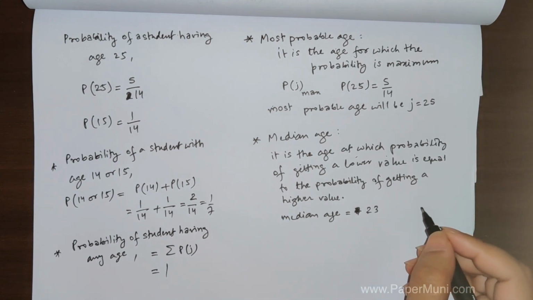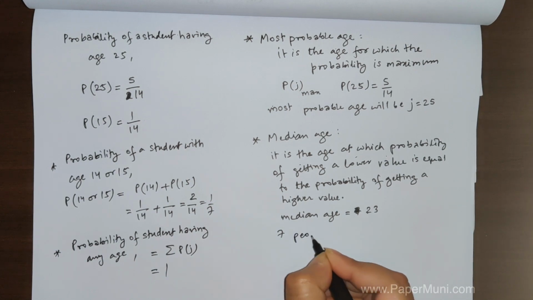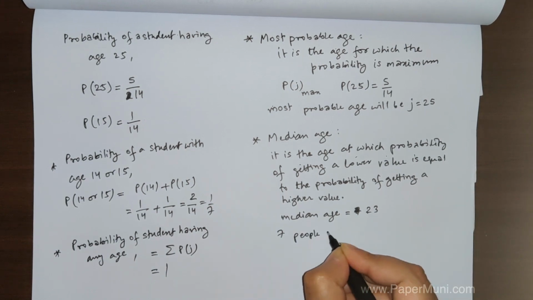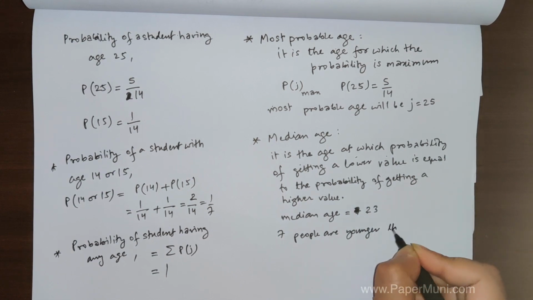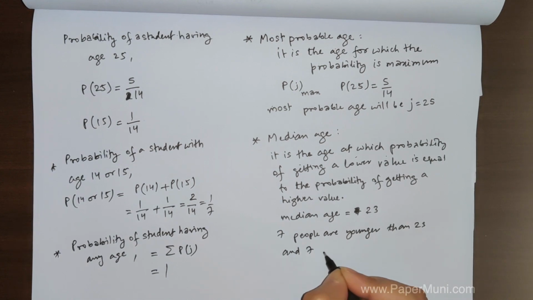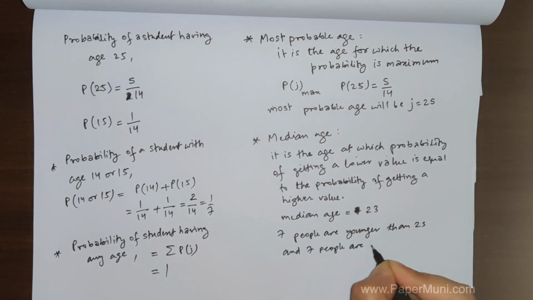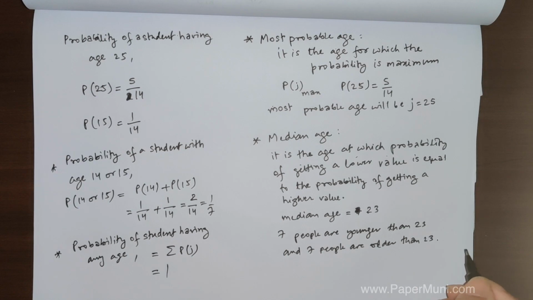Okay, so here 7 students are younger than 23 and 7 are older than 23. All right.